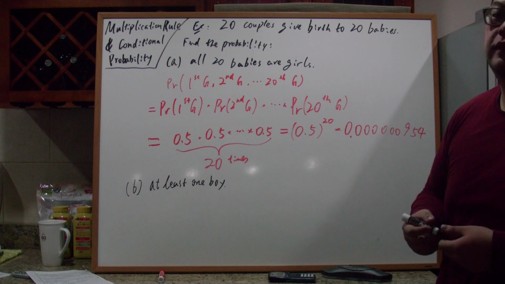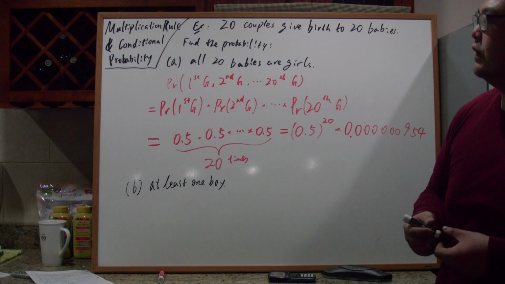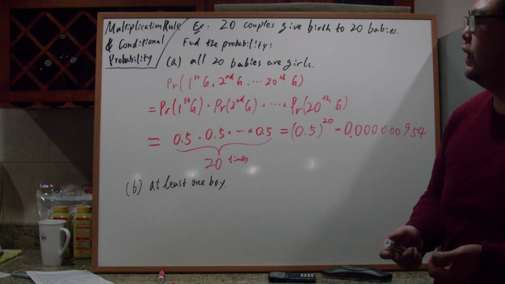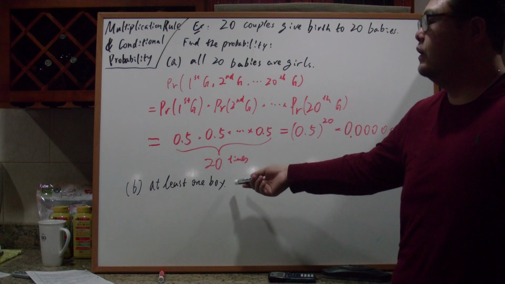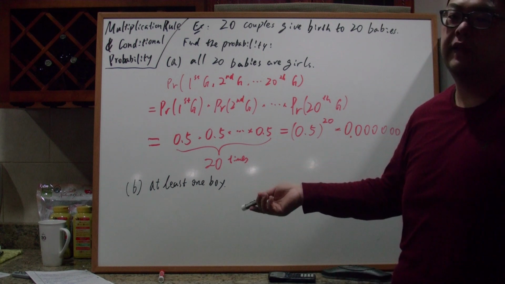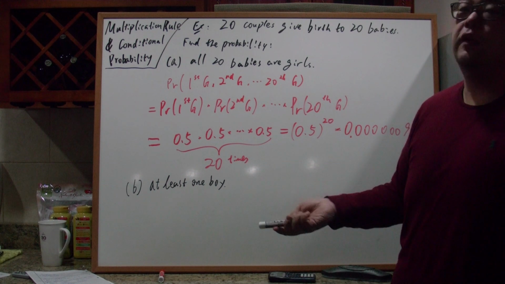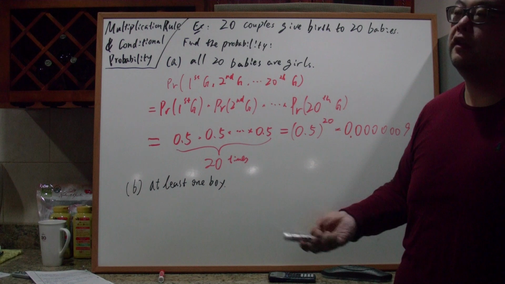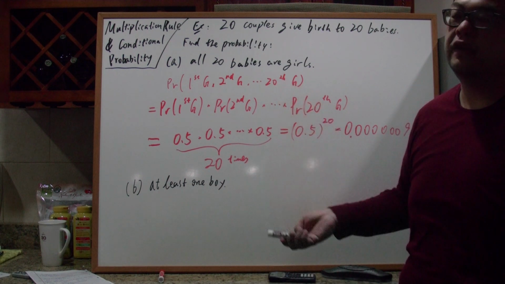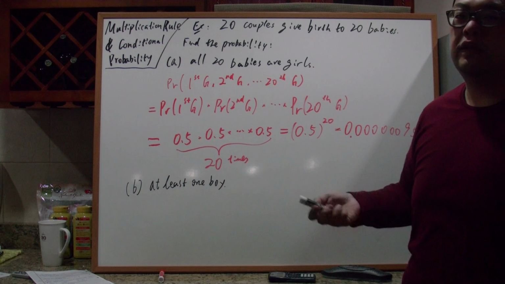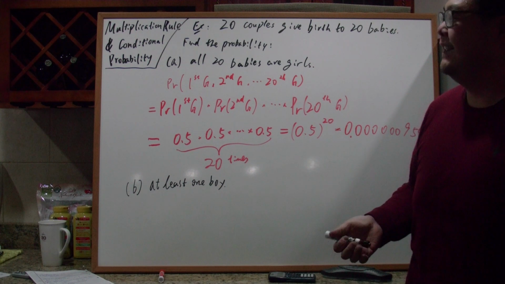Even though maybe later we have a way to do that, it's still very hard. If we think in a different way, oppositely, the opposite of at least one boy is no boys at all from the 20, which means all of them are girls. That is the word called complement.